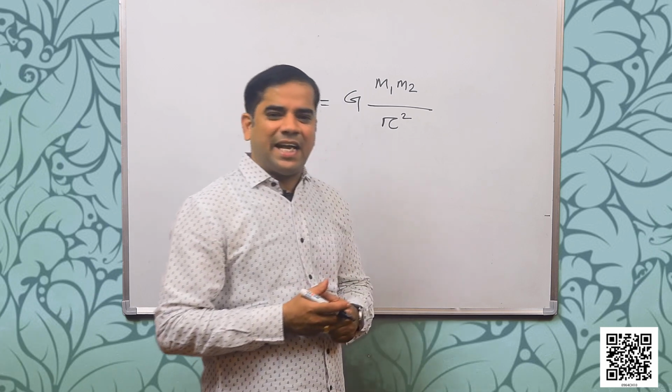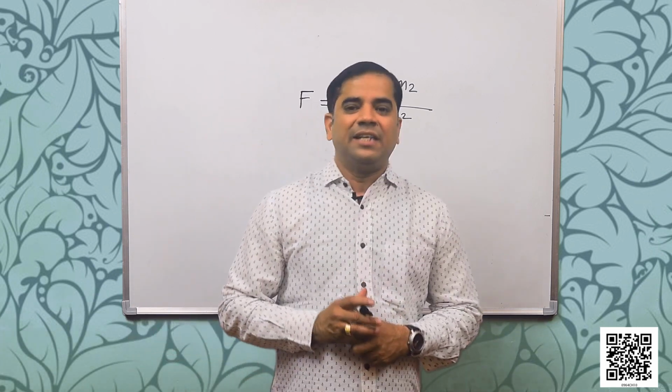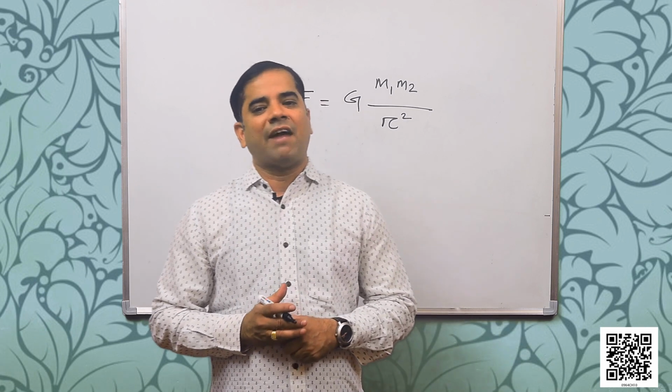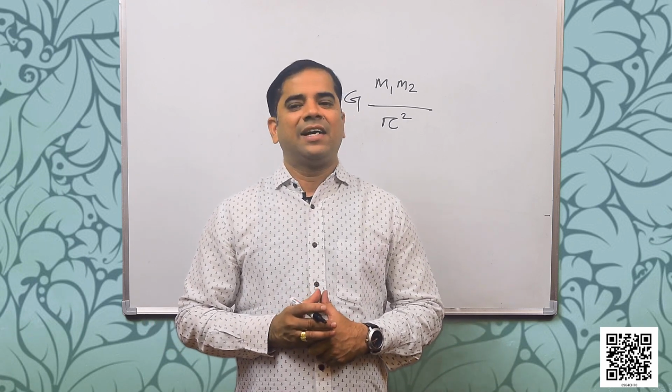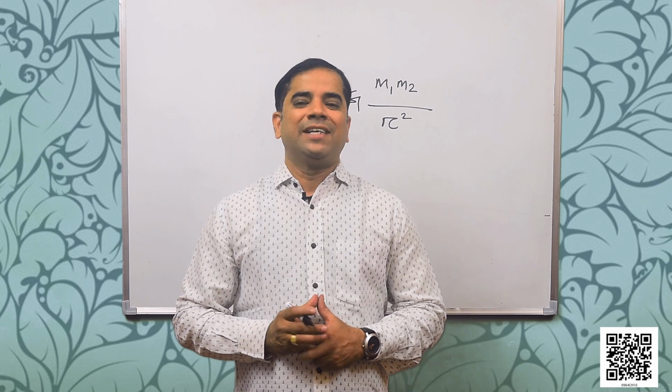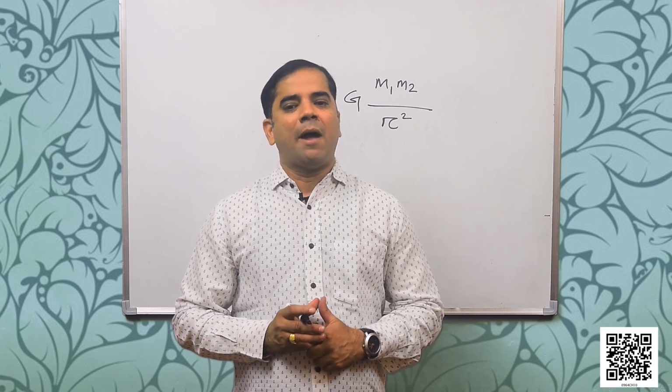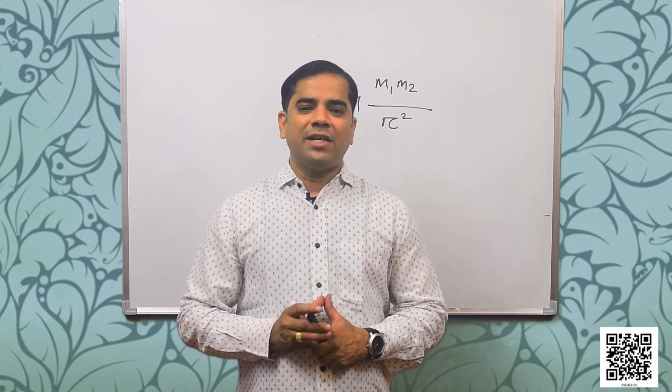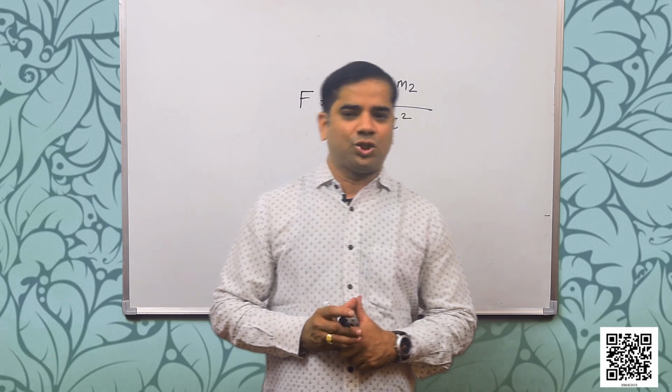And in this case, as we have already discussed, G is the universal gravitational constant and its value is 6.67 into 10 to the power minus 11 Newton meter square kg to the power minus 2.